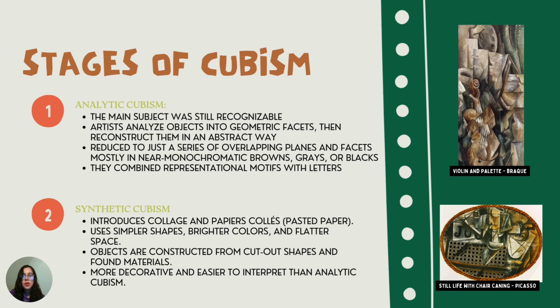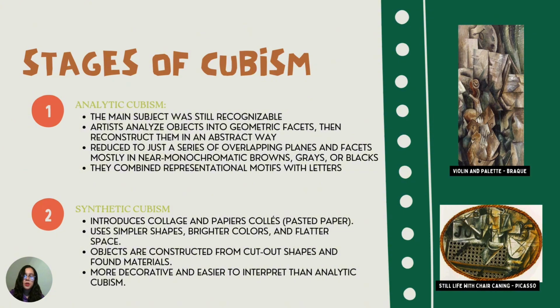And now I want to talk about the stages of Cubism. First, we have Analytical Cubism, also called Hermetic Cubism. Around 1910, Cubist artworks still showed recognizable subjects, but they were broken into geometric shapes and resembled abstract forms.